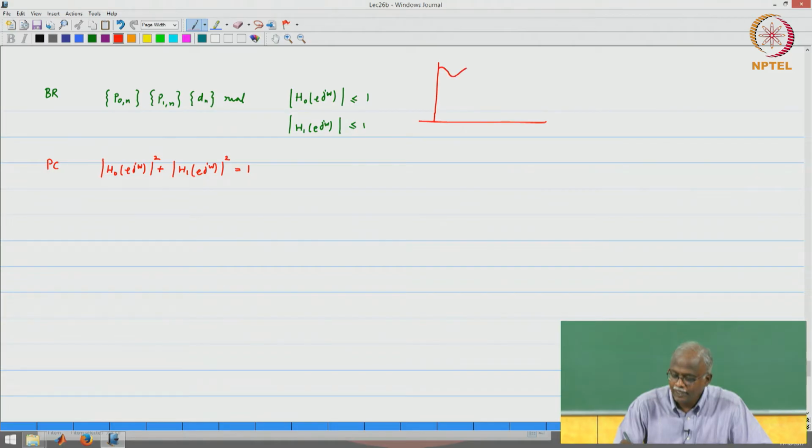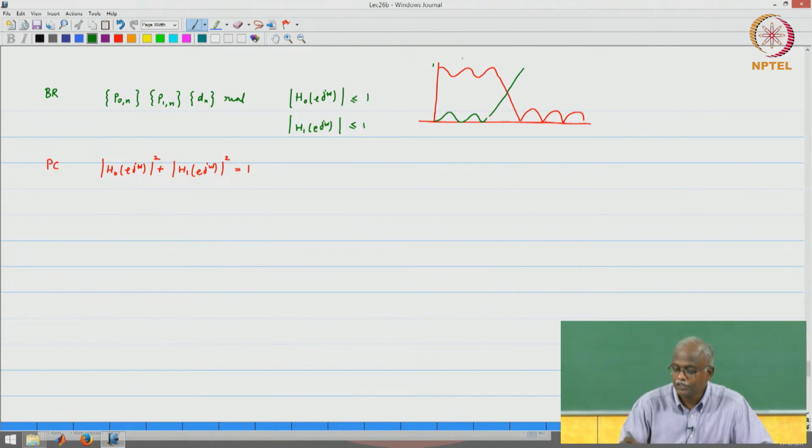If you have a transfer function that is equiripple on both sides, the complementary transfer function will be exactly 0 where the other one is equal to 1, that is the peak value. Wherever that reaches a minimum, this will reach a maximum, again it will touch 0 like this, and then it crosses over, because in the interim region also they have to add up to 1.